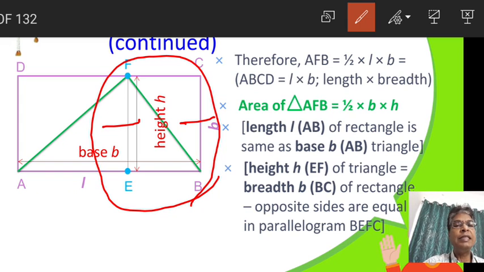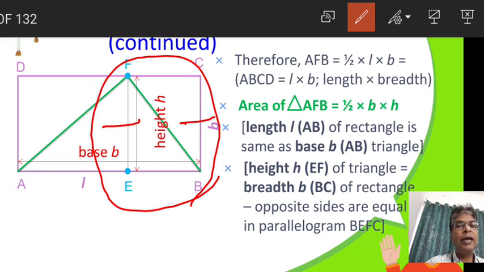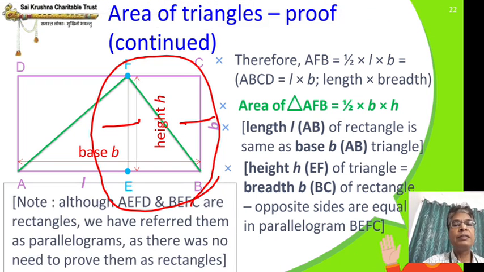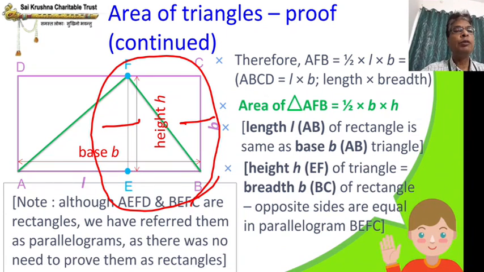Therefore, what is BC? BC is the breadth of the rectangle and AB is the length of the rectangle. So the length of the rectangle is nothing but the base of the triangle, and the breadth of the rectangle is nothing but the height of the triangle. So due to that, the area we have now got is triangle AFB equals half into B into H. That's how we have got the proof of this.